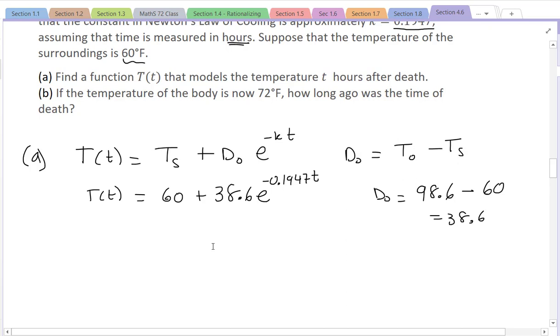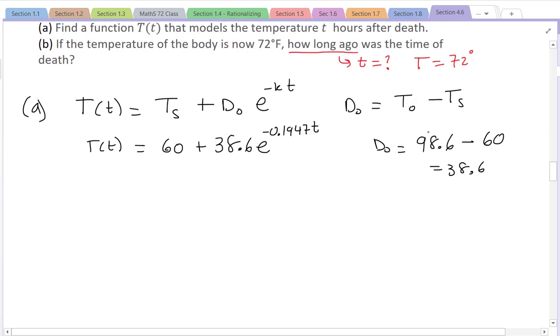Now part B says, if the temperature of the body is now 72 degrees, so you're the forensic scientist that shows up at the scene and finds a body at a temperature of 72 degrees, how long ago was the time of death? Again, focus on the question: how long ago? So we're looking for time. What is the time when the temperature was 72 degrees?